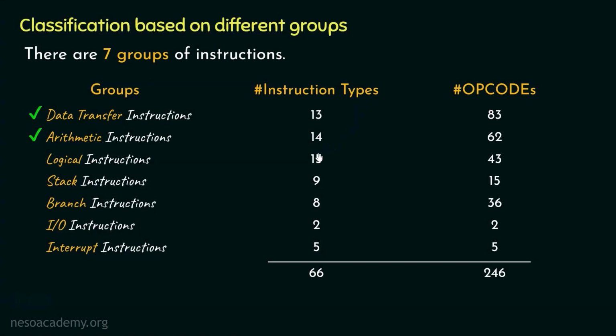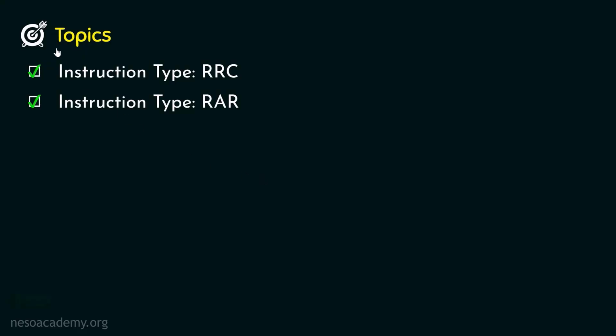So with these two instruction types, we now have covered all the instructions of the logical group of instructions. What I'm trying to say is, we learnt about all the different instruction types of logical group of instructions, and in that process, we actually covered 43 opcodes. So in this session, we covered the topics, the instruction type RRC and the instruction type RAR.